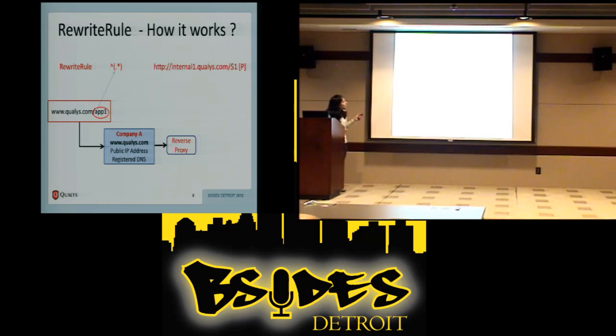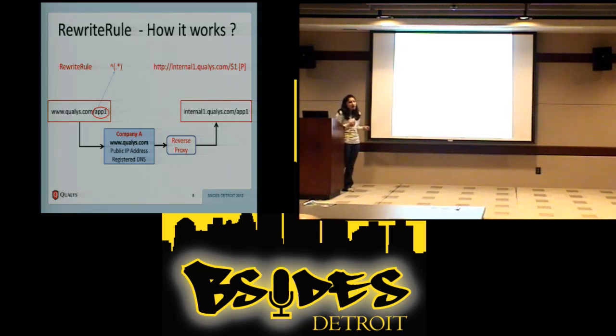So let's see how this works in regards to the first figure that we saw. So I have the rule here. The syntax is right here. Now what would happen is that whenever you have a request to qualys.com/app1 coming in, it's going to try and match the regular expression.